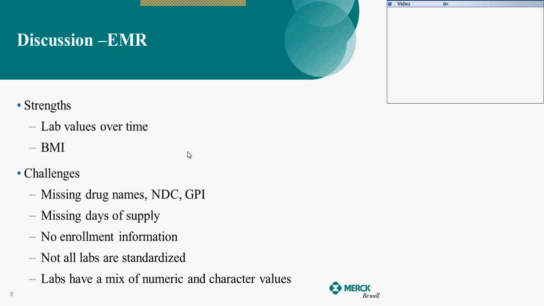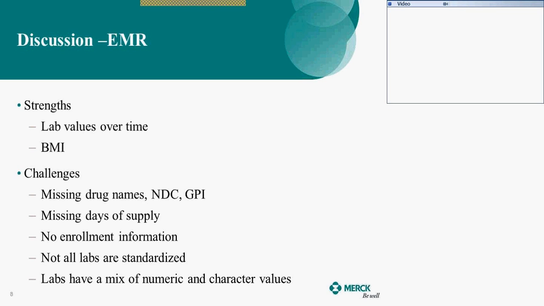There are also challenges for EMR, and some are similar to what we have in claims data. For example, drug names, missing NDC code, GPI code. Some drugs have a drug name but no NDC code. Some drugs have NDC codes but no drug name.